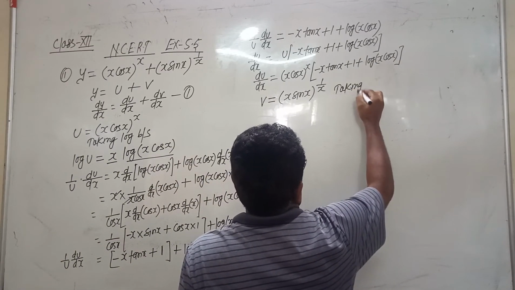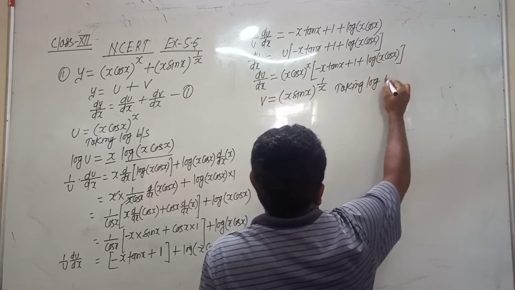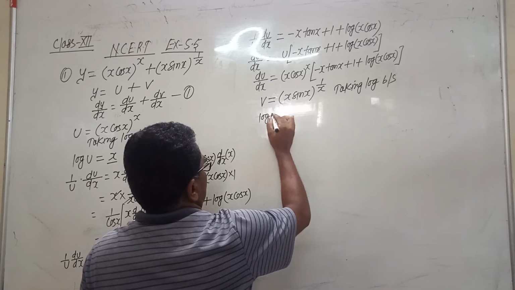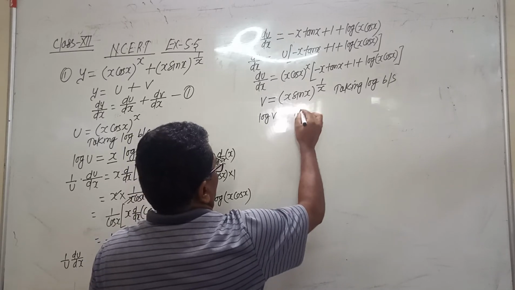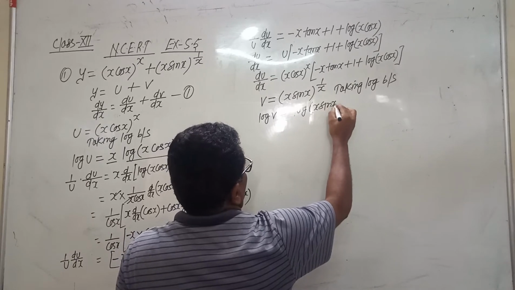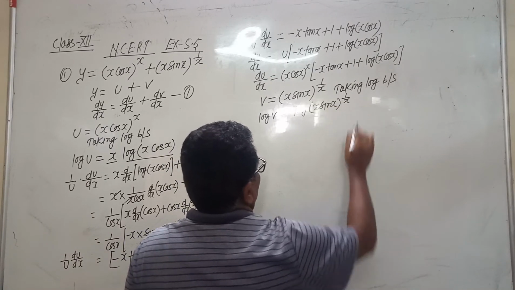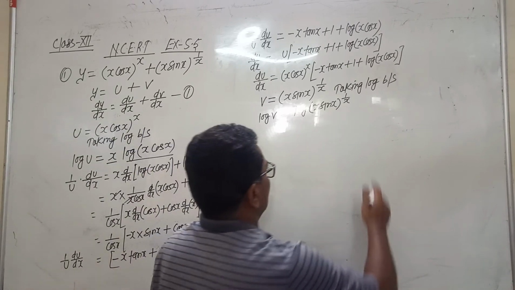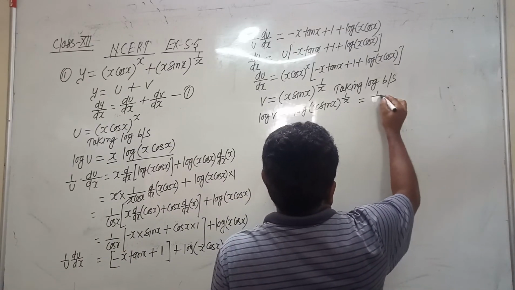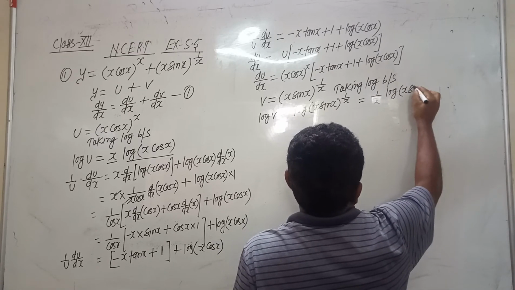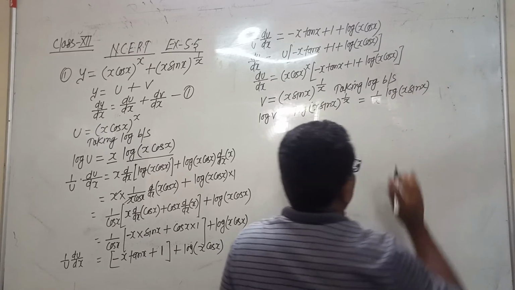So log of b equals log of x sin x raised to the power 1 by x, and this will be written as 1 by x into log of x sin x.